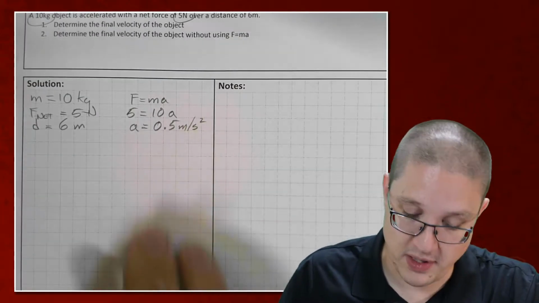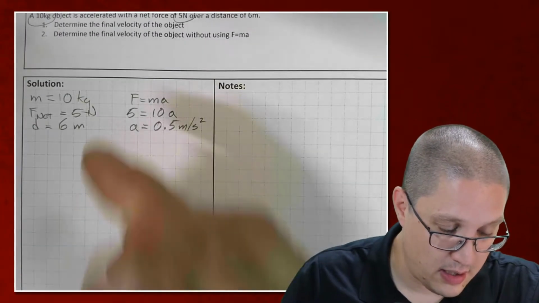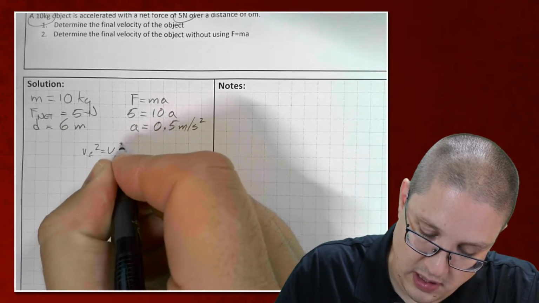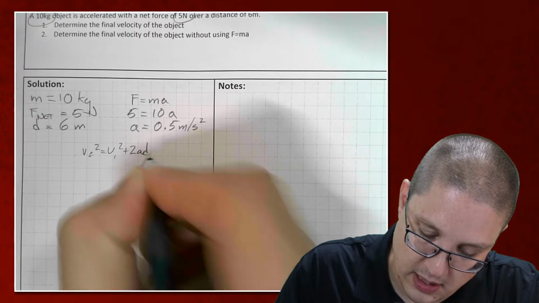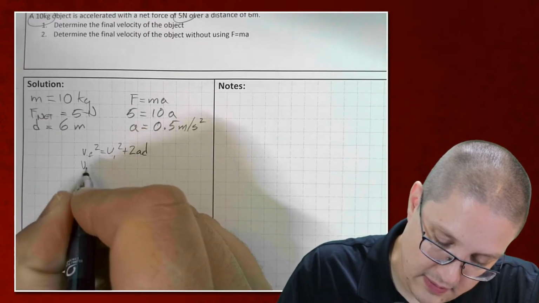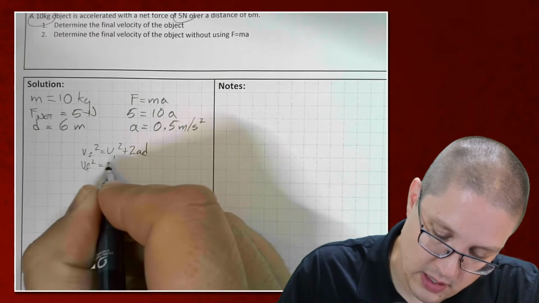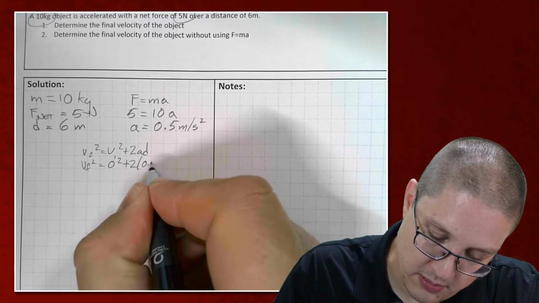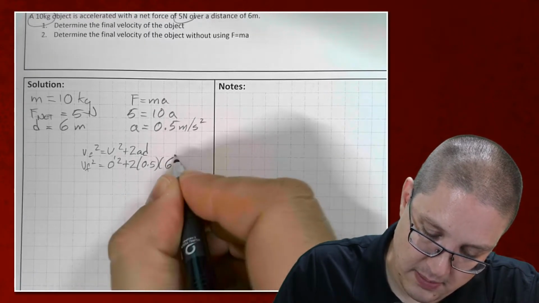Now, if I want to solve this for my final velocity, I'm going to use Vf squared equals Vi squared plus 2AD. Great. Plugging this in, Vf squared equals 0 squared plus 2 times 0.5 times 6.